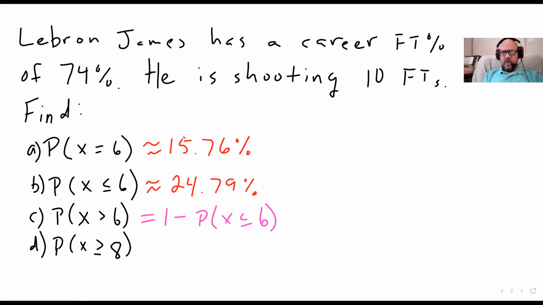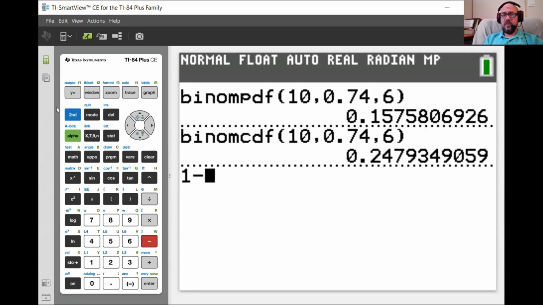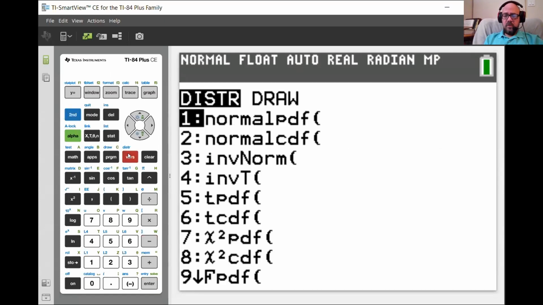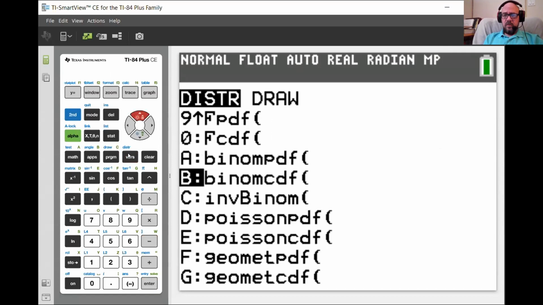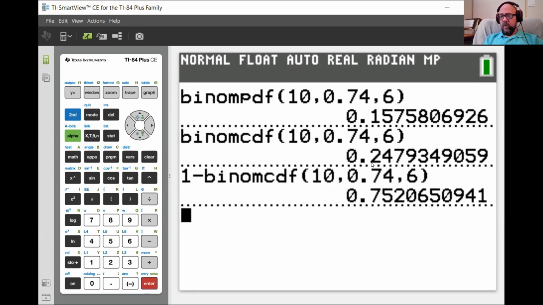So I need to go to the calculator and do 1 minus the probability that x is less than or equal to 6, which is binomial CDF of 6. So let's go type that in. So still 10 trials, 74% chance of success, and our x value is still 6. And we get 75.21%, right?